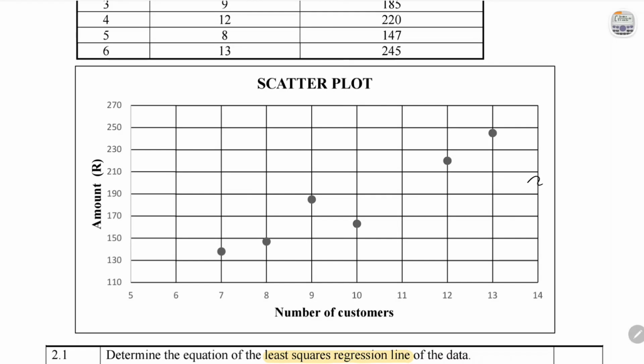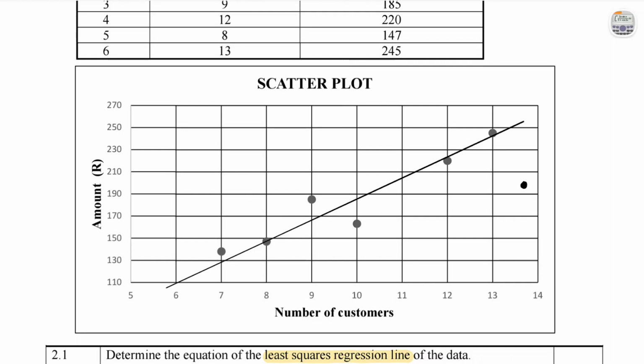Now, if at another store, 6 customers spend an amount that is around here, you see how that does not follow the general trend of this line. If we had to draw the least squares regression line, it may be something like this, right? Now, this point is away from it. If you start adding points that are away from that line, it messes with the consistency that we would have had, the correlation.